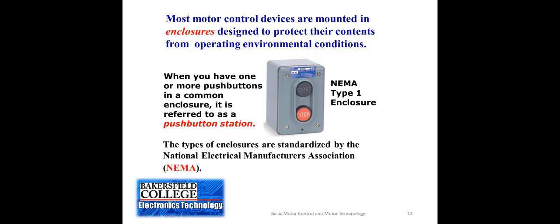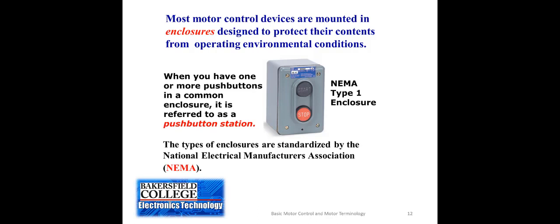Now, there are different types of enclosures depending upon where they are being used. And the types of enclosures are used in those different locations. And when you need to buy one from scratch or replace one that's damaged, you need to order the correct enclosure type.